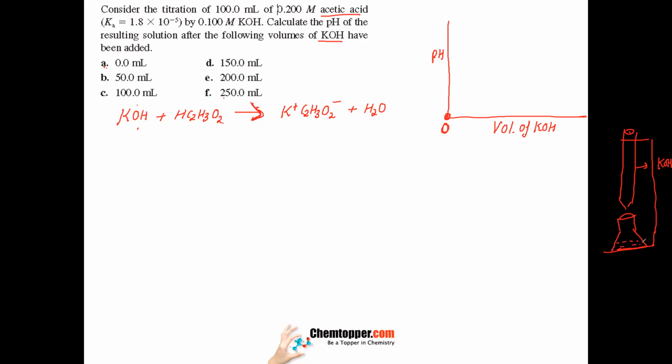Acetic acid, yes. If you don't remember the formula in the exam, just take it as HA. More easier, right? If something is not striking you and you don't have time, then use this generic acid, because generally they will give you monoprotic. They will not give you diprotic or triprotic. So take HA, right?